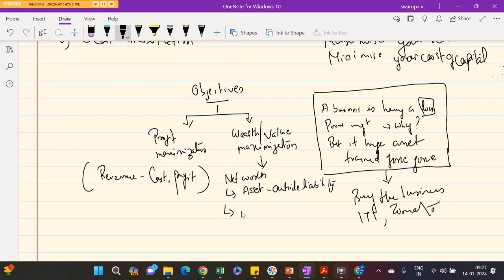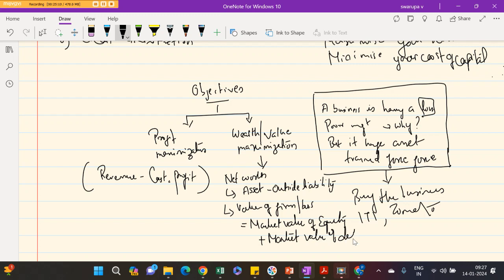And another one is value of a firm or value of a business, which is equal to market value of equity plus market value of debt minus cash.